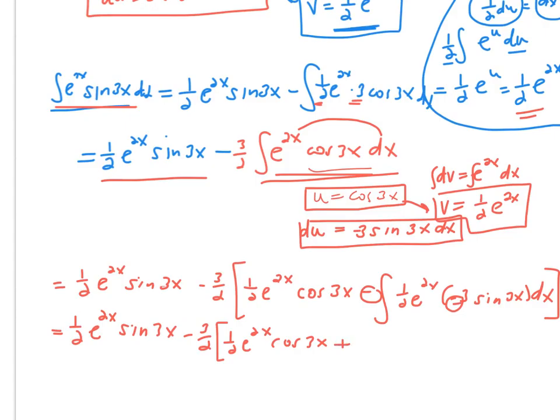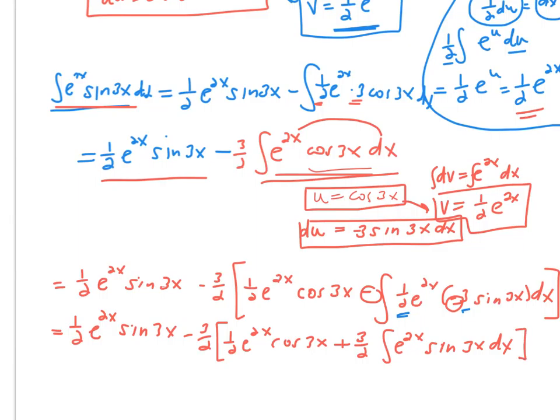We also have two constants, the 1/2 right here, and that 3. 1/2 times 3 will give us positive 3/2 that we can bring out. Then we'll have the antiderivative of e to the 2x sine 3x dx.